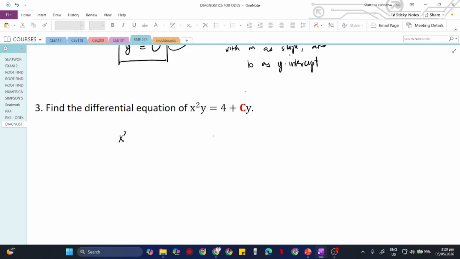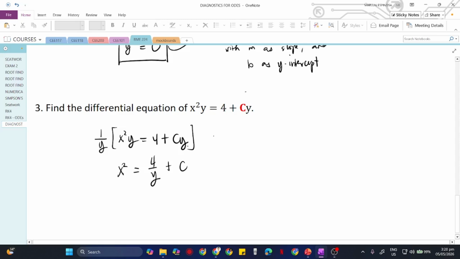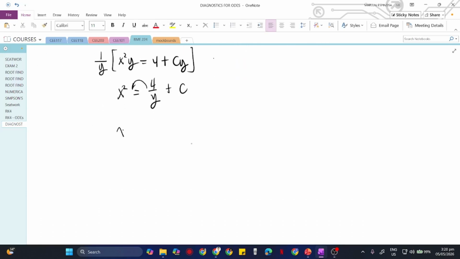What we can do is multiply both sides by 1 over y. Then we have here x squared equivalent to 4 over y plus c. That is c already, class. Then we transpose this to the other side, and we have x squared minus 4 over y equivalent to c.